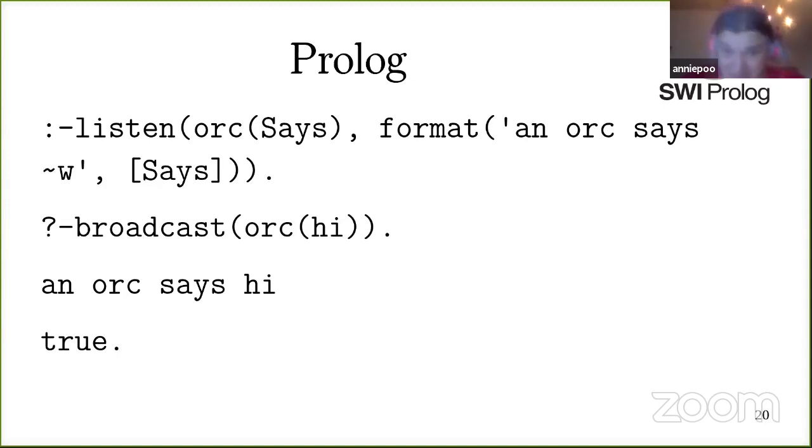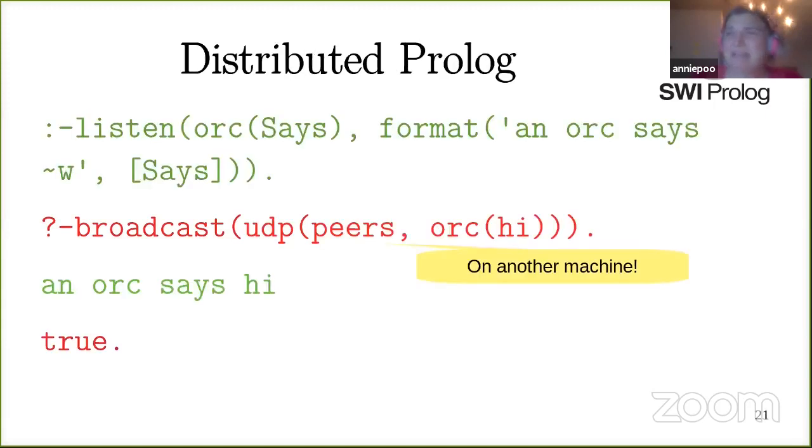I can register to listen to the orcs, and then at the interactor, Prolog's version of a REPL, I can say broadcast orc hi, and the listener says an orc says hi. Okay, that's semi-interesting. Let's get more interesting.